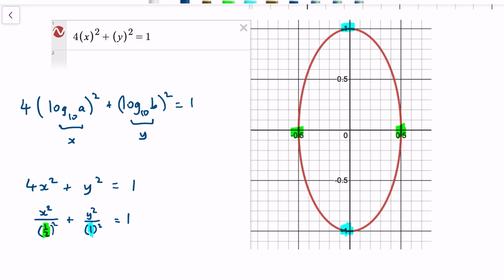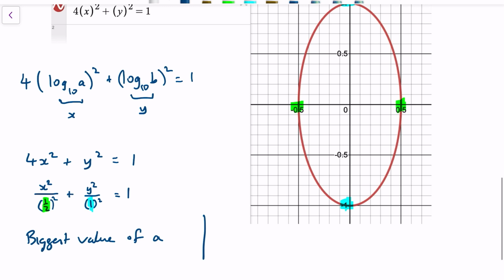Okay, so this question is finding the biggest value of A. Well, take a log base 10 graph, y equals log base 10 of A, where that's A and that's Y. Say the biggest value of A is here, for example, let's say this is A max.